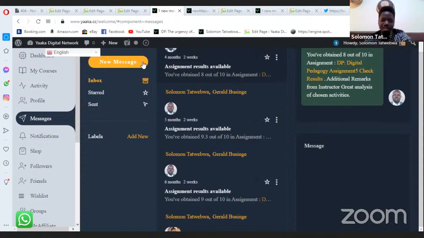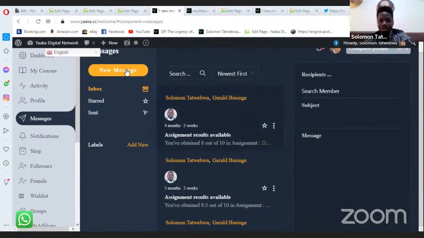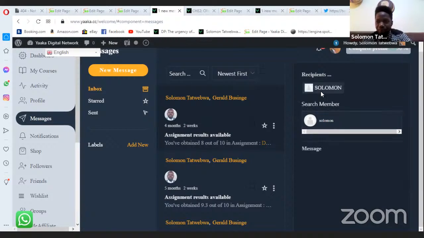When you press this button, create new message, it will bring you here. Then search for my name, Teacher Solomon, just say Solomon, don't put teacher, you will not get anything. See, it will bring me here, the one that is capital. You press on it.